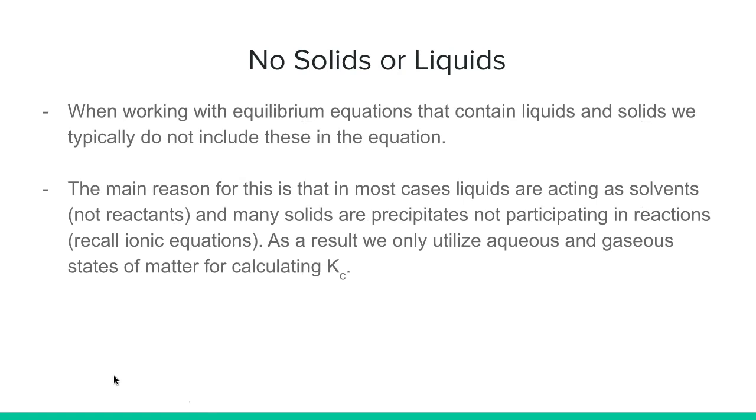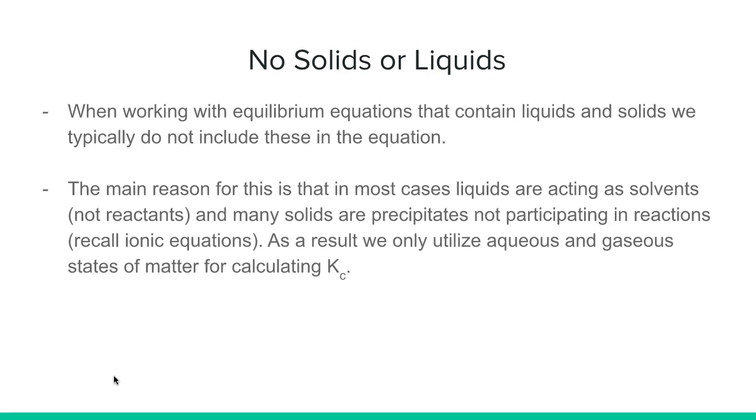All right. Now, when we start breaking down these equations, and we start looking at the different states of matter to determine Kc, it is very important to remember that we will be excluding solids and liquids from any equilibrium concentrations. Okay?